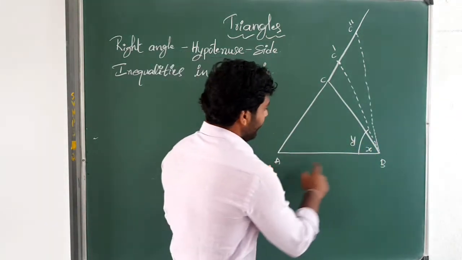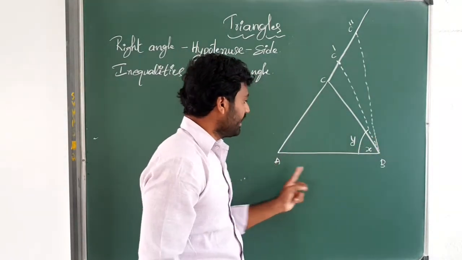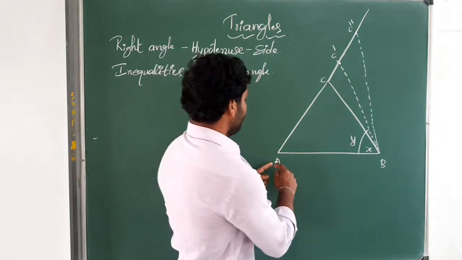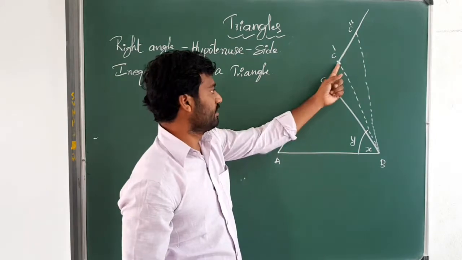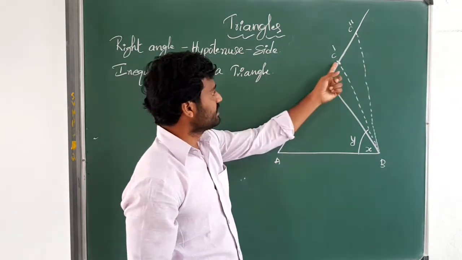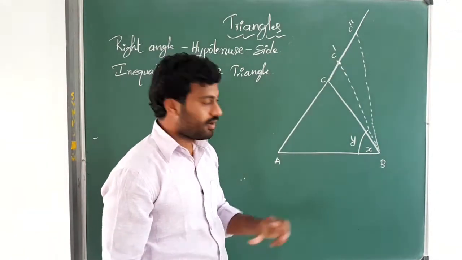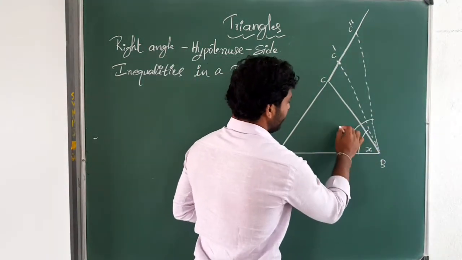So angle ABC double dash is greater than angle ABC dash. Correct or not? That's why AC double dash, their length is also greater. Comparing AC dash and AC double dash, their length is greater and this angle is greater.